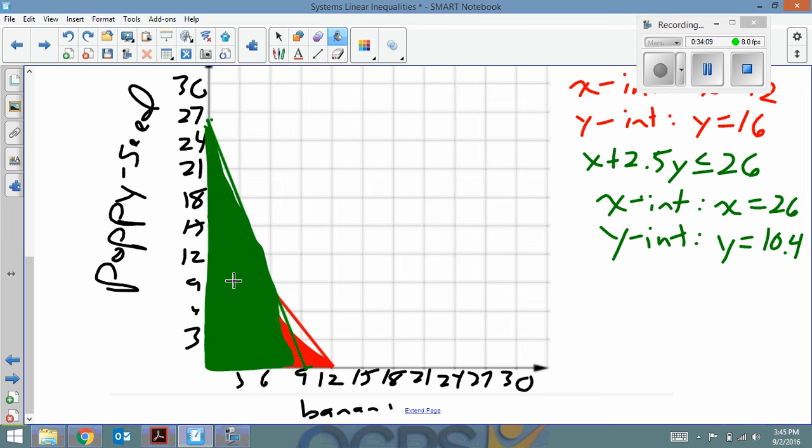Okay, which is there. And so our solution is going to be, and it's hard to tell because I didn't do it the right way, but it's about right in this area right there. So our solution is right there.